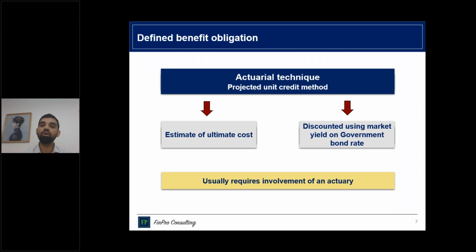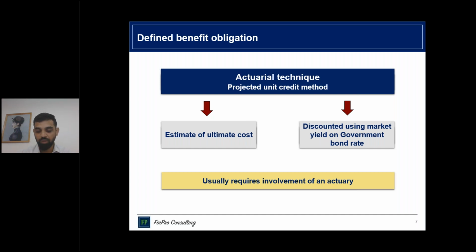The government bond rate was much lower compared to the corporate bond rate, around 0.5% to 1%. Because of the reduction in the rate from 5% to 1%, there was an enormous increase in the liability relating to the German subsidiary.